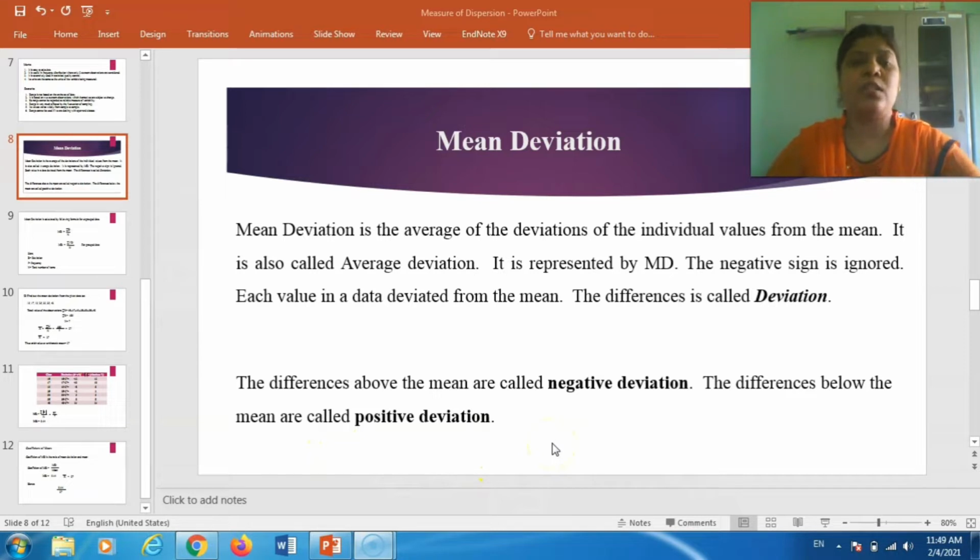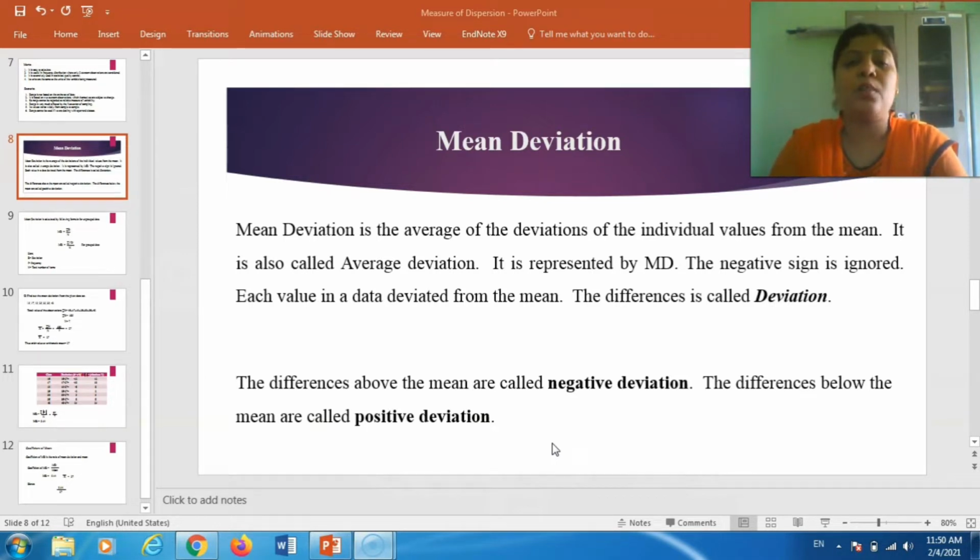As we have seen, measures of dispersion mean variability, it is the deviation of a variable. Here, to know the mean deviation, we first have to calculate the mean, and then determine how all variables deviate from the mean.